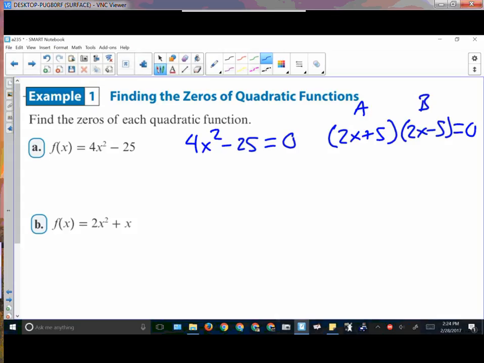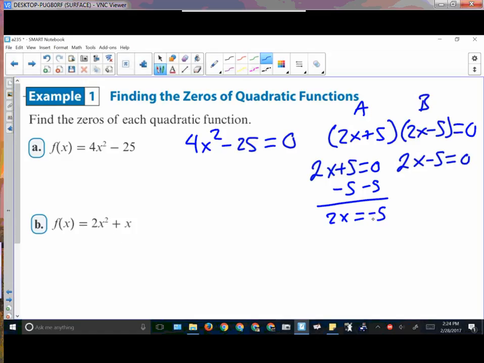So what we assume is that 2x plus 5 is equal to 0 and 2x minus 5 is equal to 0. Now we just do the algebra. Subtract 5, subtract 5. 2x is equal to negative 5.